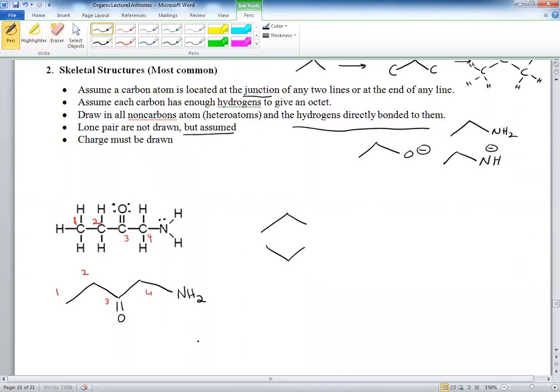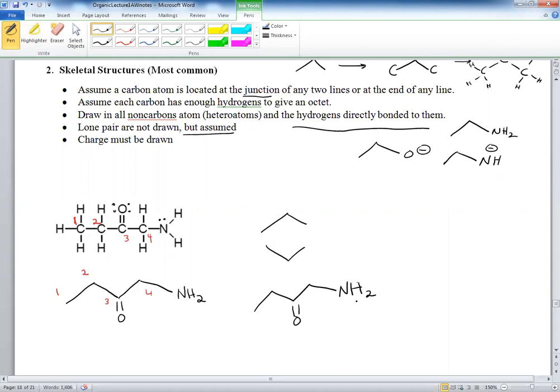So here's the structure. Trust me, I'm neither when I'm in class, but this is the software.